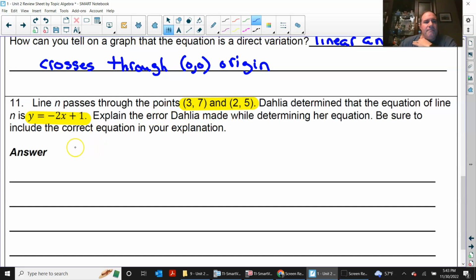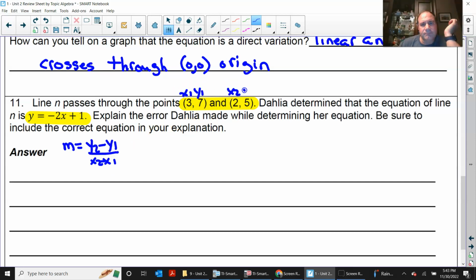All right, so I'm going to figure out slope because slope is easy enough. m equals y2 minus y1 over x2 minus x1. And I'm going to put this as x1, y1, x2, y2. m equals 5 minus 7 over 2 minus 3.